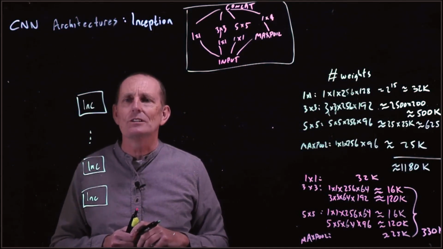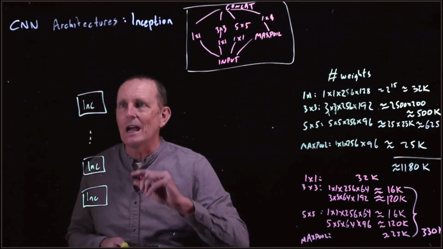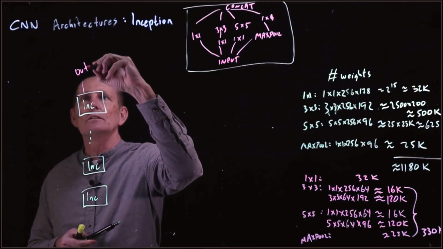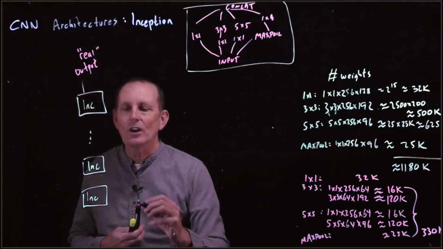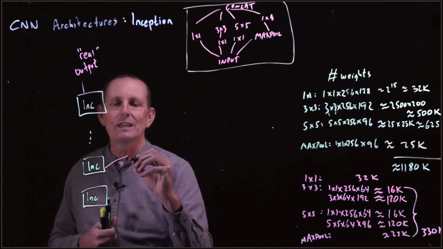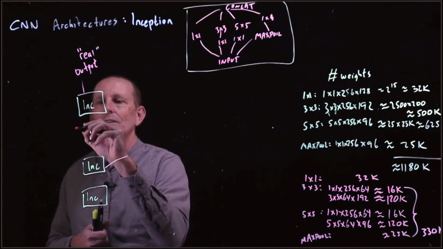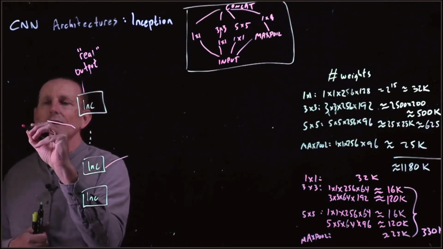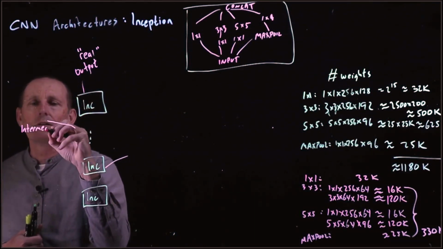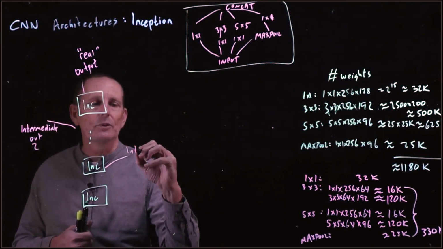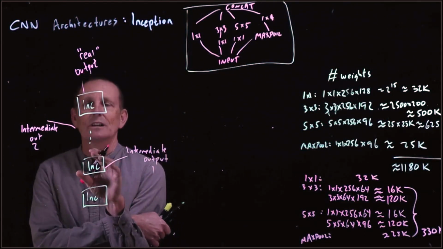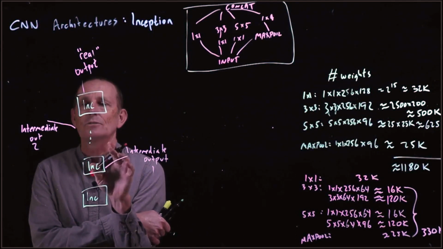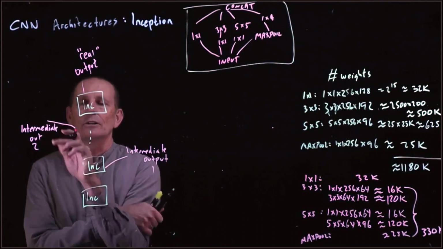So in addition, they do an odd training thing where they actually have the output here. I'm going to call this the real output. And then they have coming off some sort of fake outputs, 2 intermediate fake outputs. So this is intermediate output 2 and intermediate output 1. So what's coming out of this layer goes to here, and what's coming out of a higher layer goes to here.